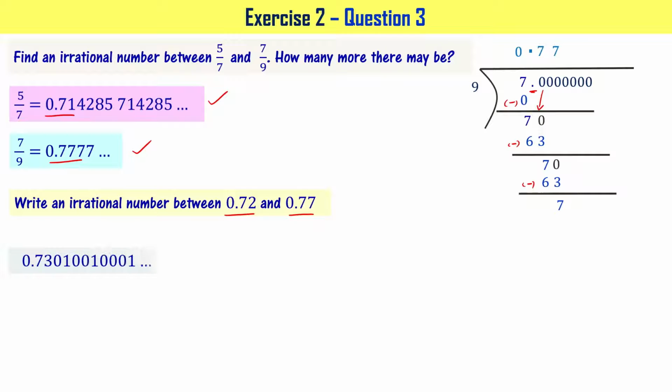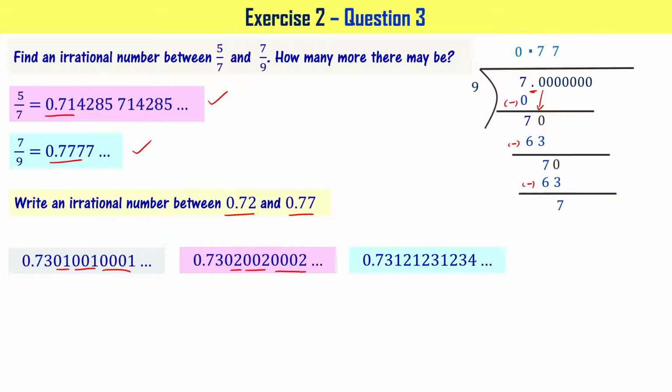So the number can be 0.73010010001 and so on. This is one number. I can write another number 0.73020020002 and so on, right? I can write another number 0.7312123 1234 and so on.